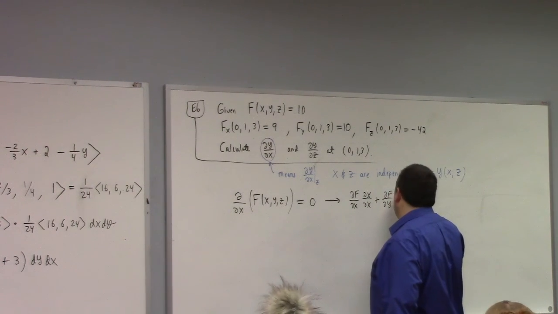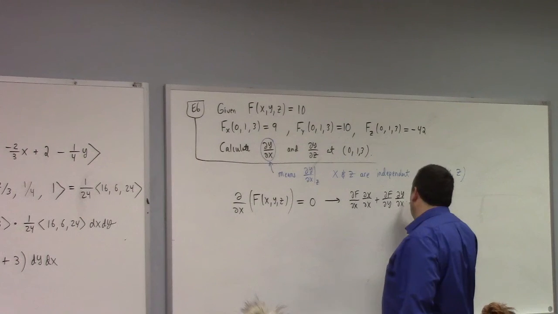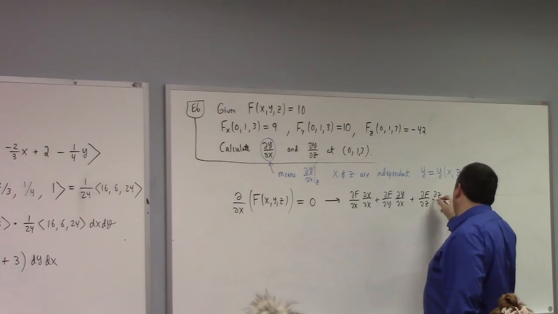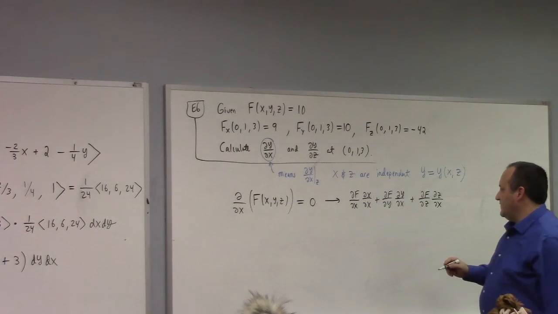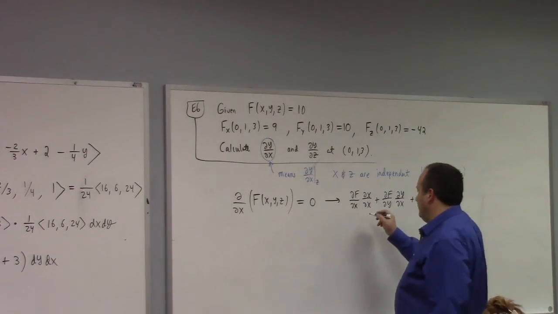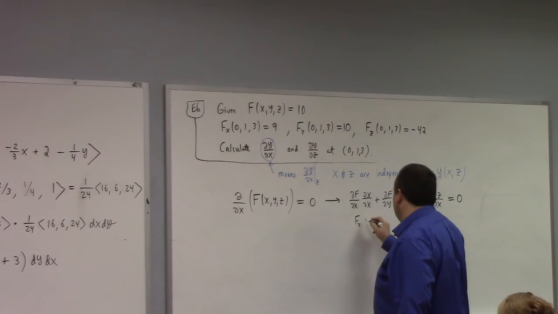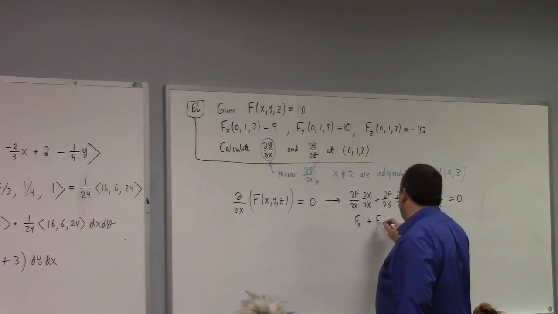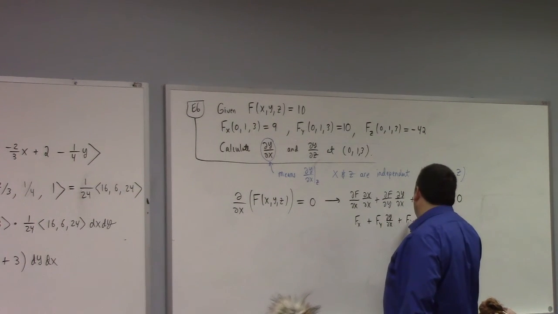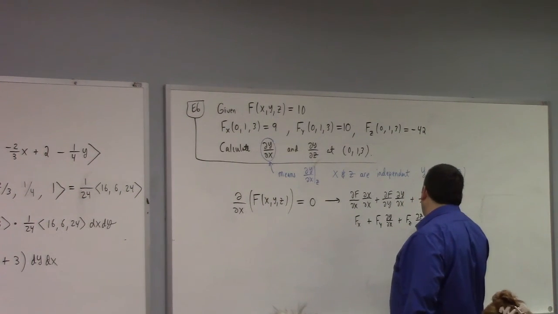Now you get really tired of writing these derivatives like this pretty quickly, right? So instead we'll write f sub x plus f sub y, partial y, partial x, plus f sub z, partial z, partial x, right?